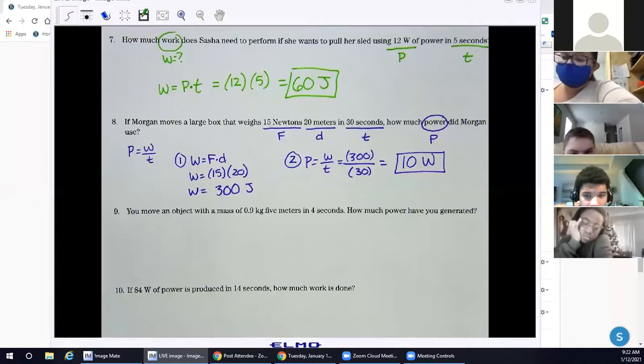Y'all are fast. I barely underlined all my stuff. It's the greatest invention. It's called a calculator. Yeah, but I gotta show my work, you know? You're not showing your work? I guess you don't have to. I mean, I don't have to, but I can if I want to.